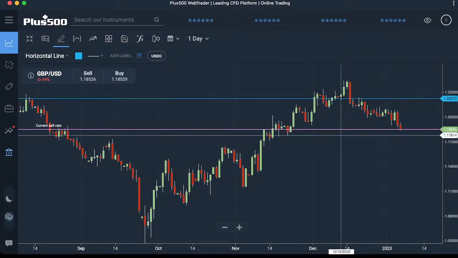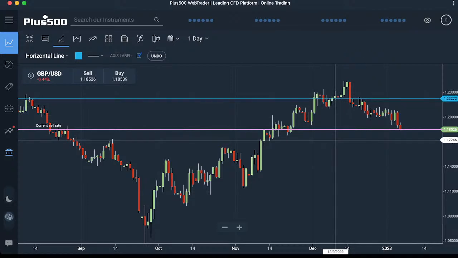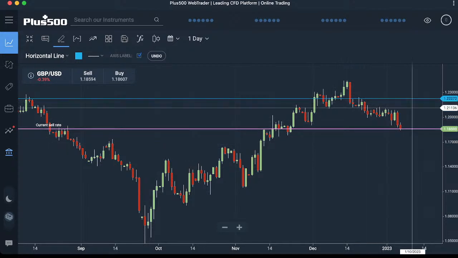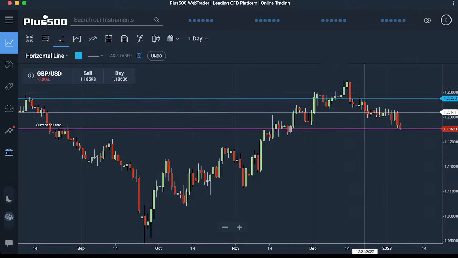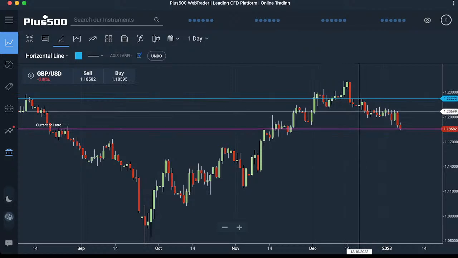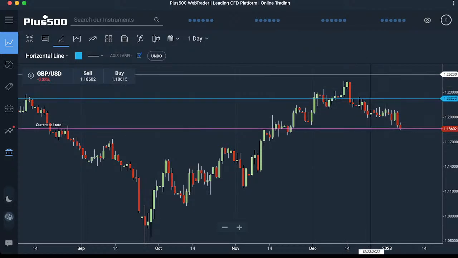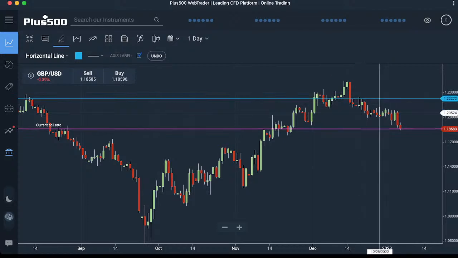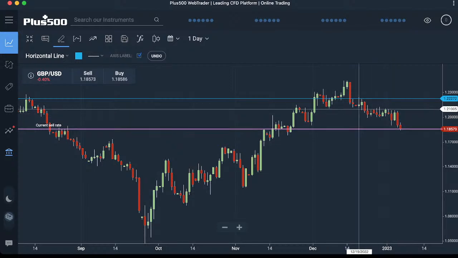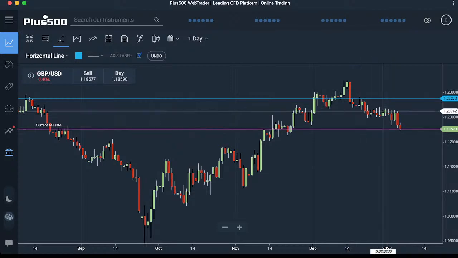So let me just spot these areas. If we look at this price action here, we can see it's pushing to the downside and then going back above, and now this blue line is acting as a resistance for the price to push to the downside. And then this is actually end of the year consolidation, and this kind of dirty price action just takes stop losses in day-to-day price action.